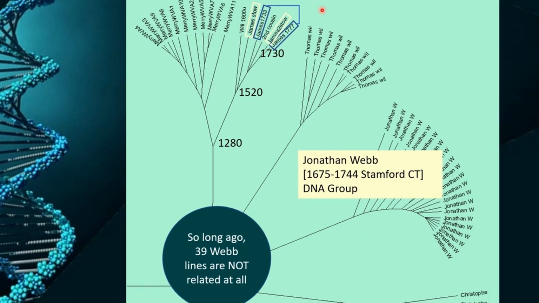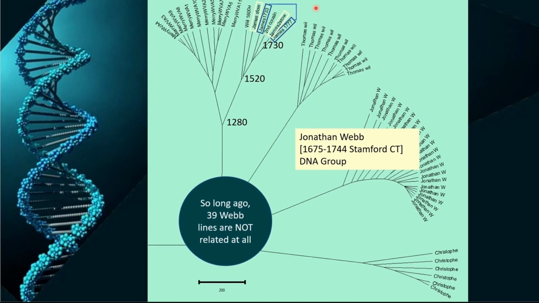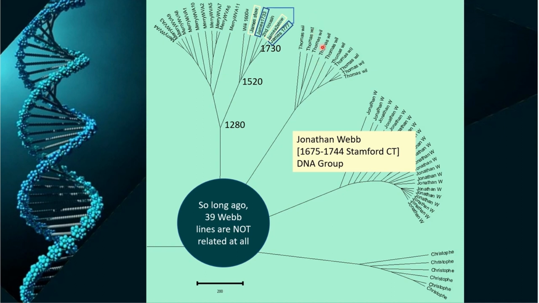Now, I've put names on some of these other groups to show you the problems. There's a Thomas Webb from Wiltshire, Jonathan Webb, 1675, Stamford, Connecticut. All right. Now, that's such a large family that has already tested their DNA. You get lots and lots of entries, so only a few of them are identical.